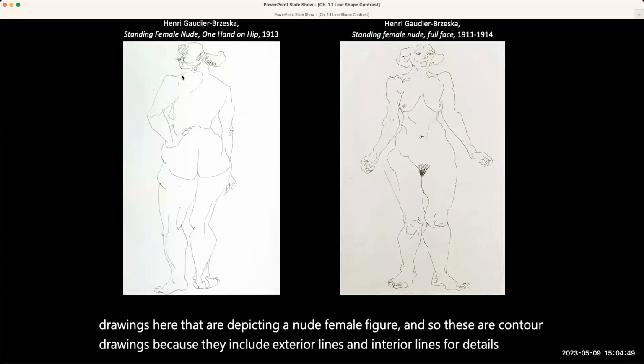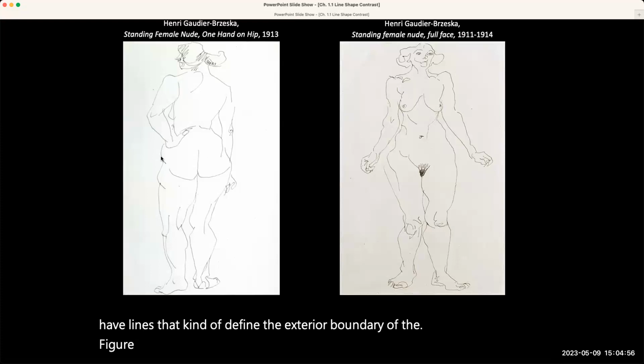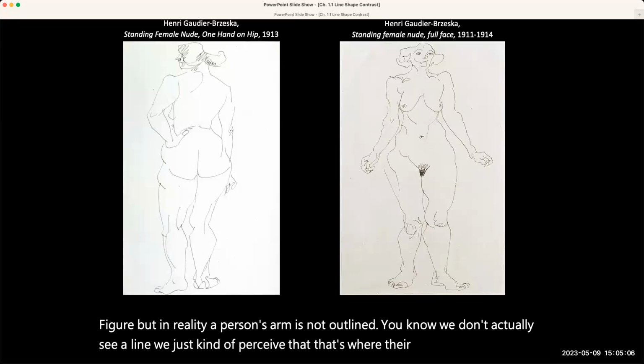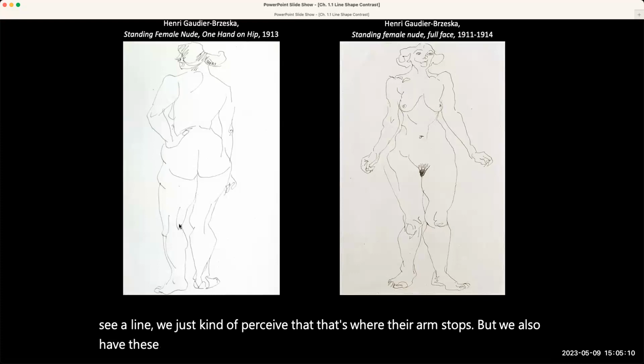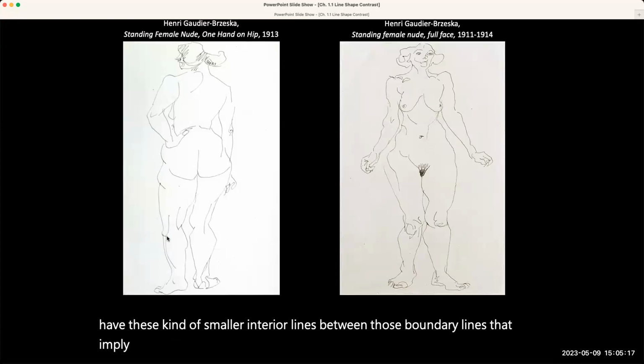So we have lines that kind of define the exterior boundary of the figure, but in reality, a person's arm is not outlined. You know, we don't actually see a line, we just kind of perceive that that's where their arm stops. But we also have these kind of smaller interior lines between those boundary lines that imply details.